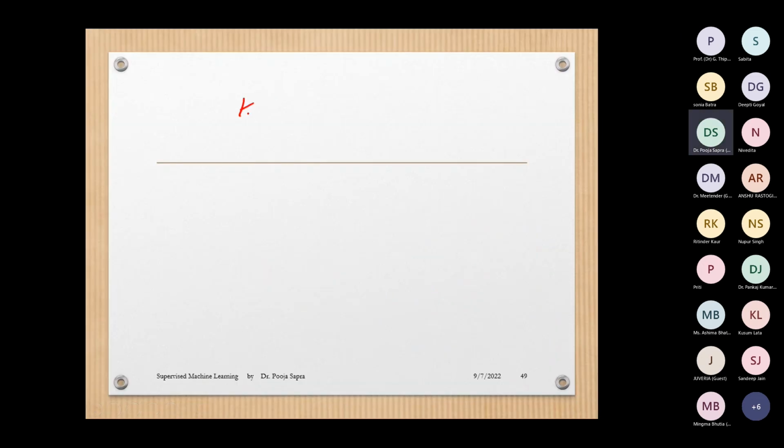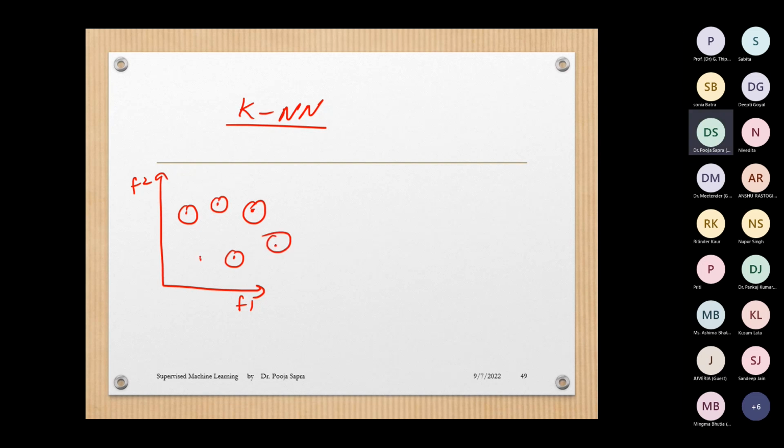Okay, so the K nearest neighbor concept starts with features on the x-axis and y-axis, and then plotting the points according to the features, right? Let us take an example that this is the latitude and this is the longitude.